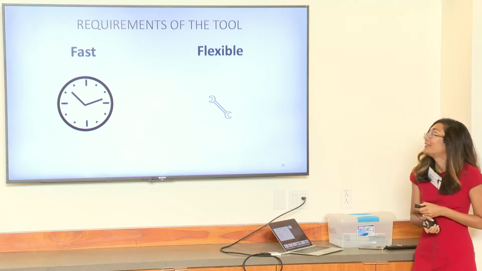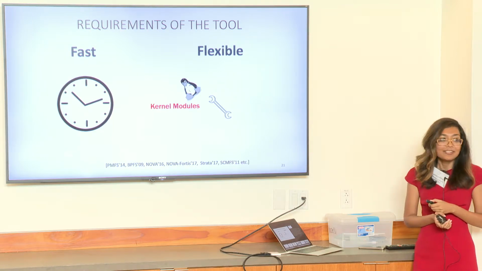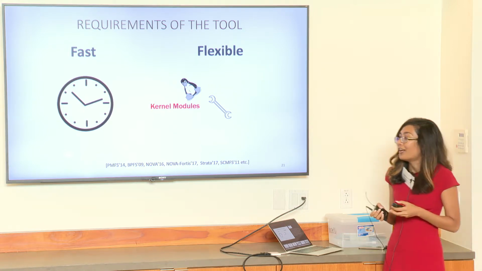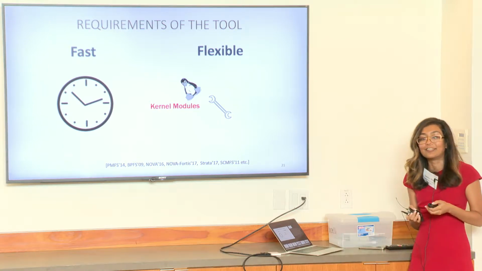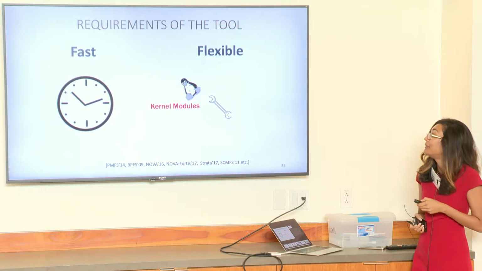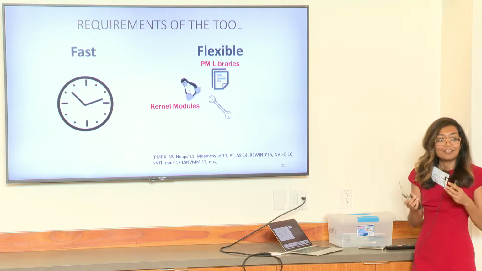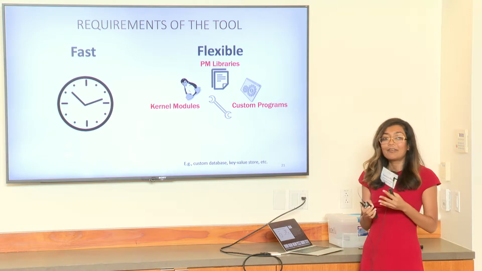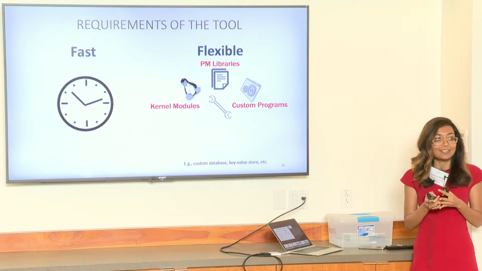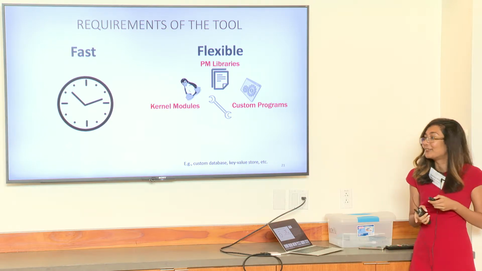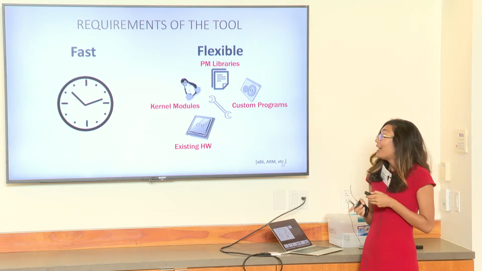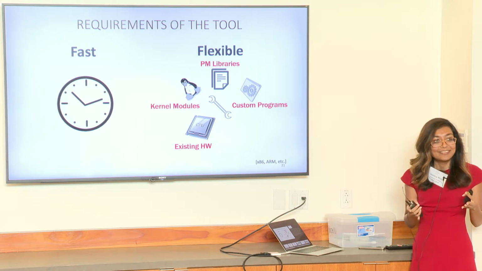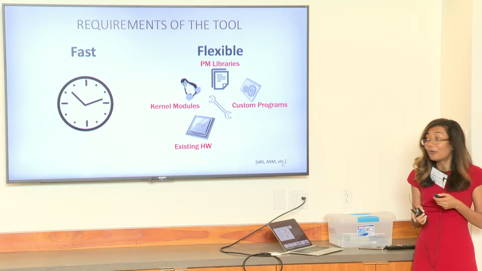The other requirement is that persistent memory is being used in so many ways. There are kernel modules or optimized file systems that are using these low-level library primitives. There are high-level transactional libraries. And also there are databases and key-value stores where expert programmers are just using flushes and barriers to write their code, which is running on existing hardware with very different ISA support.